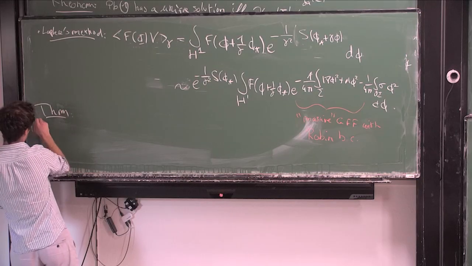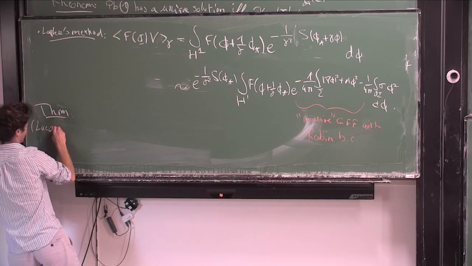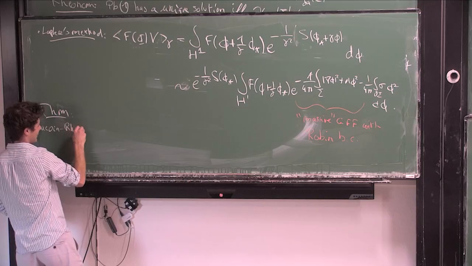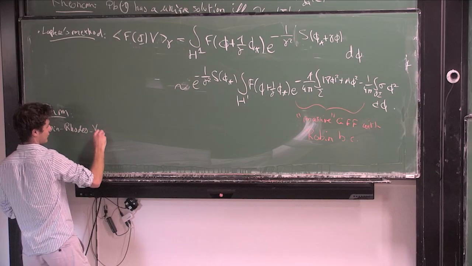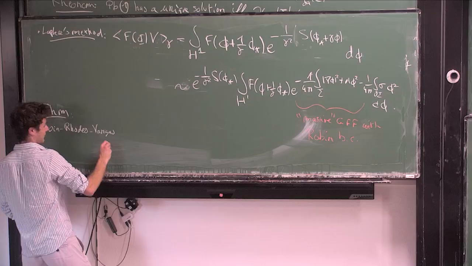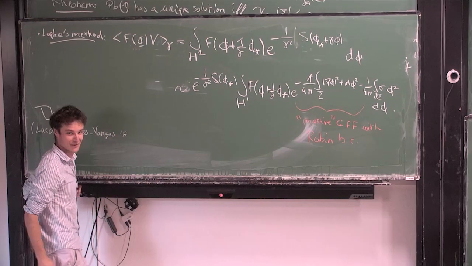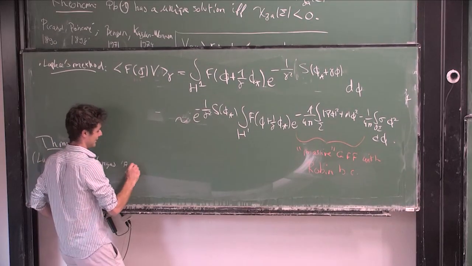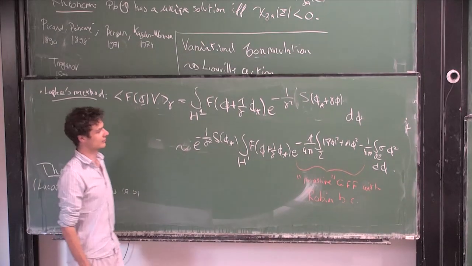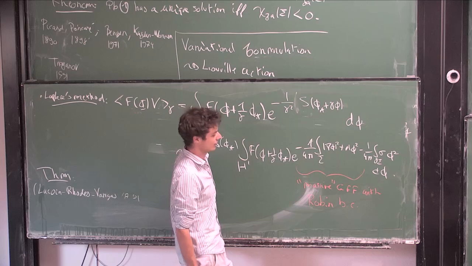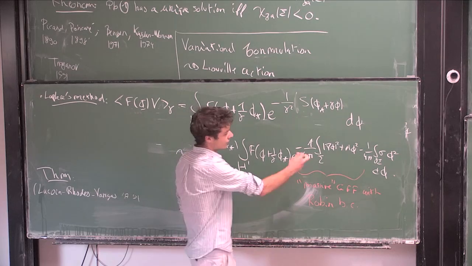And so this is something that was proved by Hubert Lacroix, Rémy, and Vincent Vargas, two times, I think 17 and 21. In the case you consider a sphere and lambda is constant.